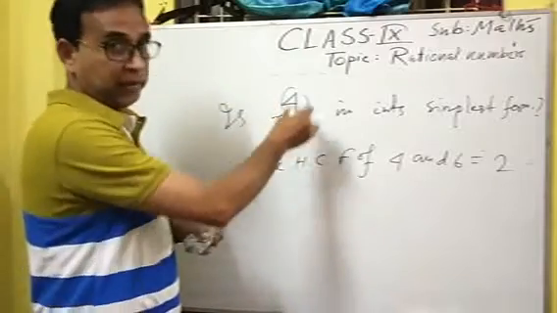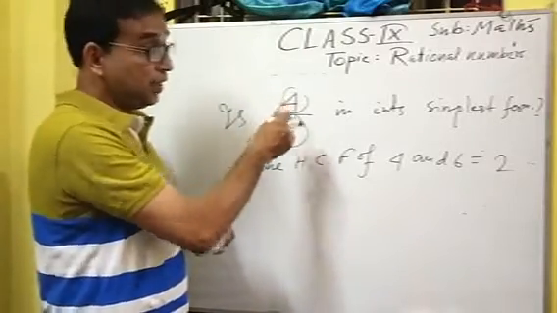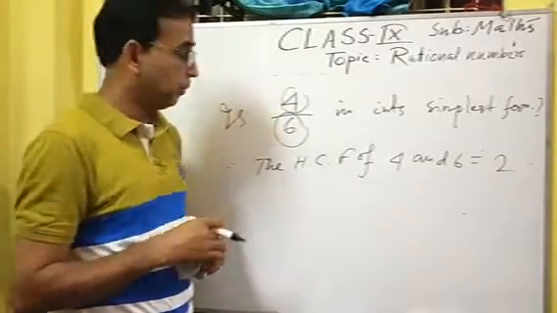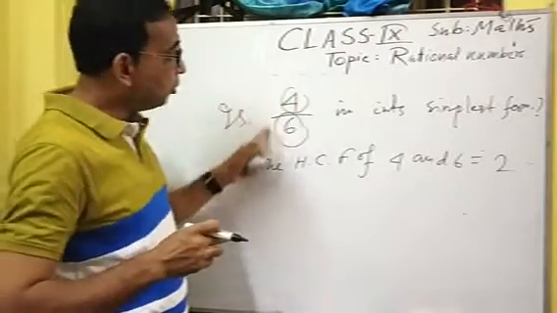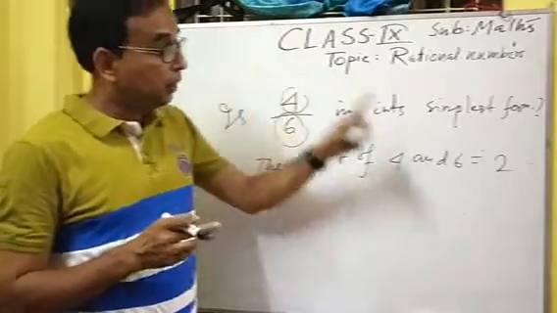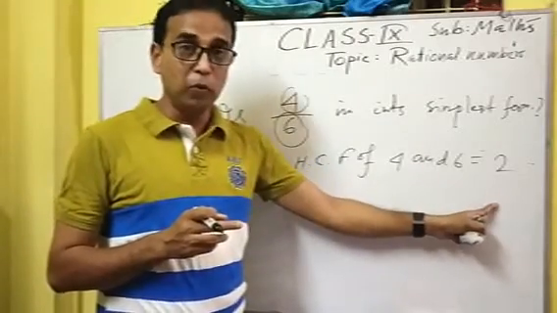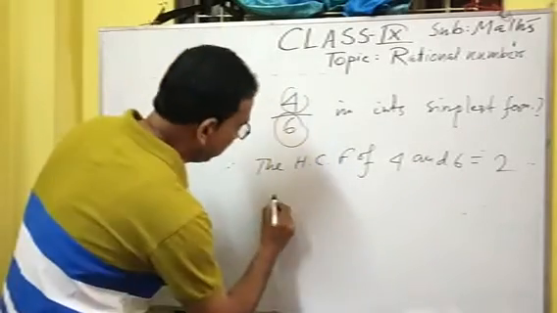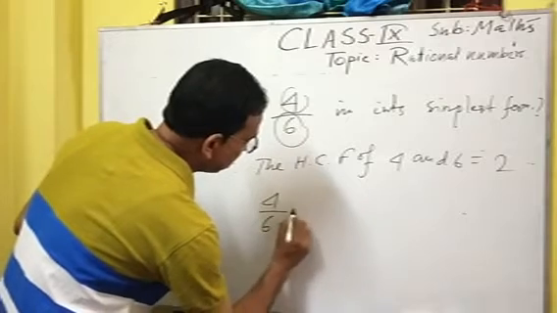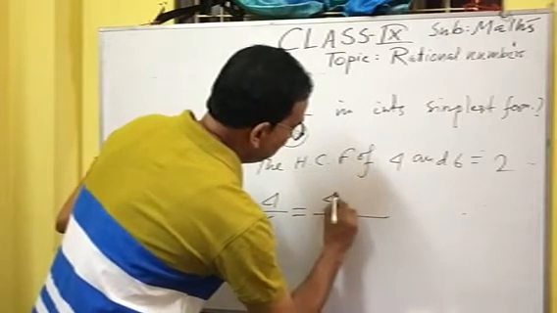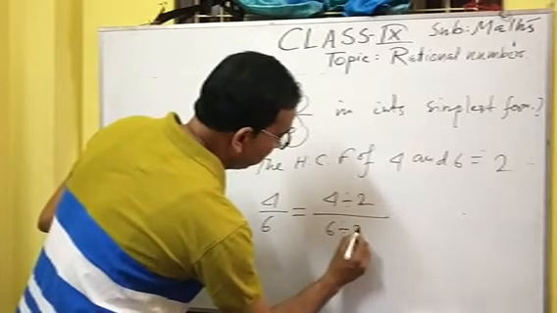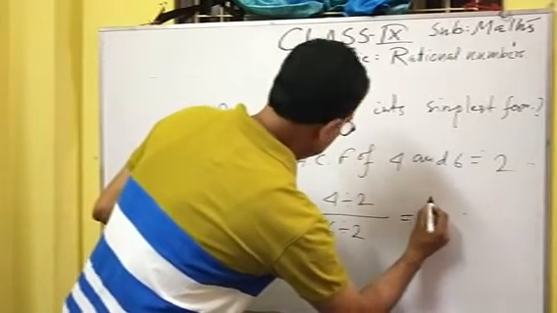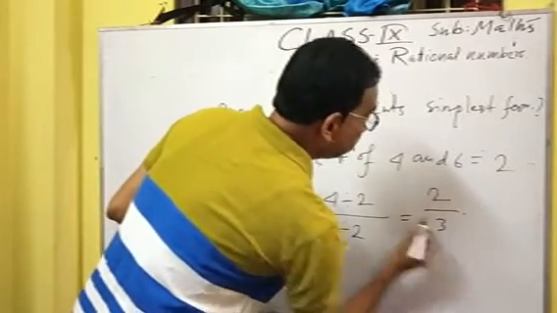To convert it to its simplest form, we have to divide both the numerator and denominator by the HCF, that is 2. So we can write that 4 by 6 is equal to 4 divided by 2, 6 divided by 2, that is 2 by 3.